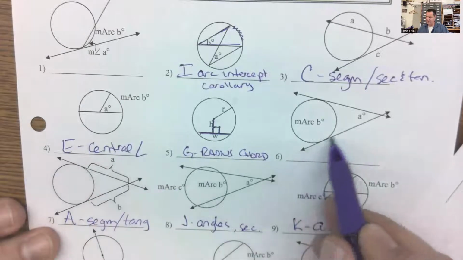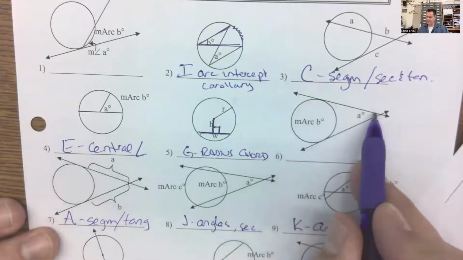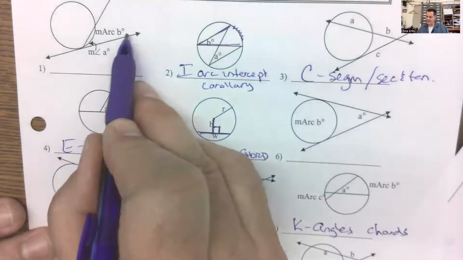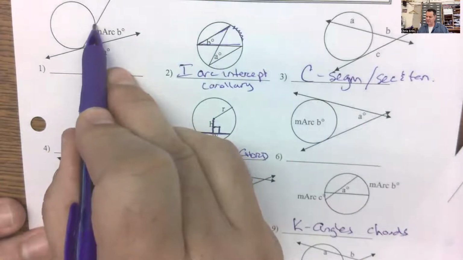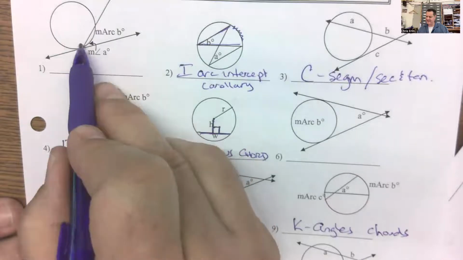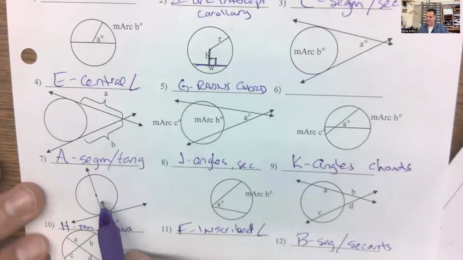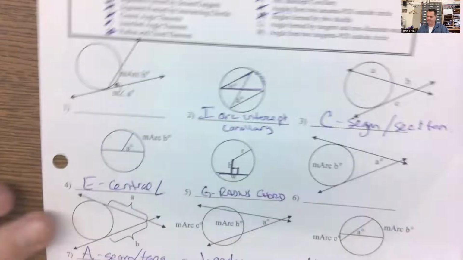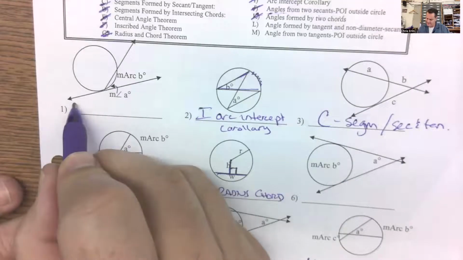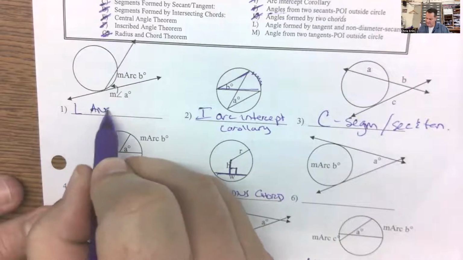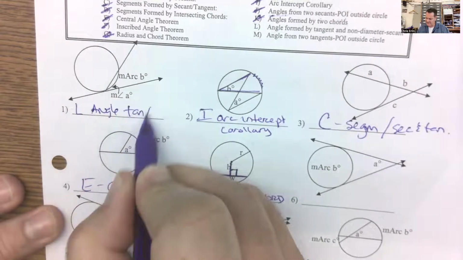Well, list 6 looks to be two tangents. Here's a tangent. And because this one goes through the circle once and then hits it again, that's a secant. And it's not like number 10, which is a diameter. So this is L, angle with tangent and secant.